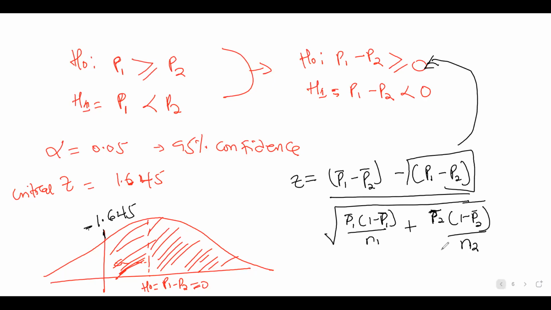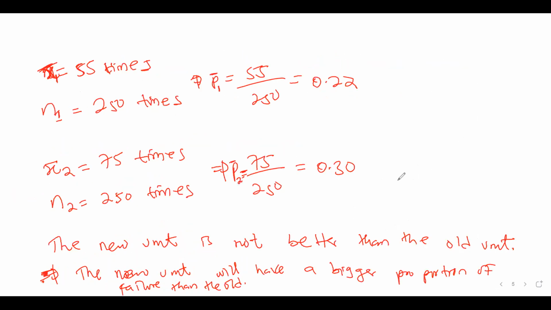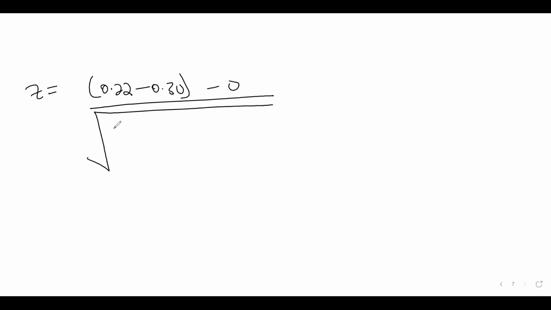So here, sample proportion 1 is 0.22, that of sample proportion 2 is 0.30. So here you have Z is equal to 0.22 minus 0.30 minus 0, all over the square root of sample proportion 1, which is 0.22 into bracket 1 minus 0.22, all over the sample size for each group.